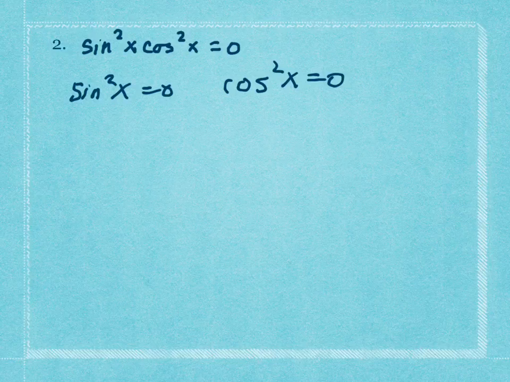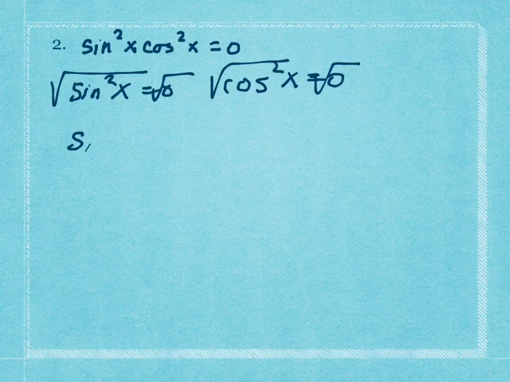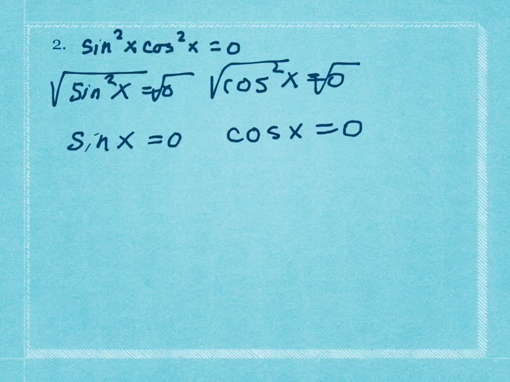All right, so we have sine squared of x over here. How do I get rid of the squared? Square root, which is rather uninteresting in this particular problem because I'm square rooting the number 0. And what is the square root of 0? It's 0. So now I've got sine x equals 0 and I've got cosine of x equals 0. Is everybody with me?